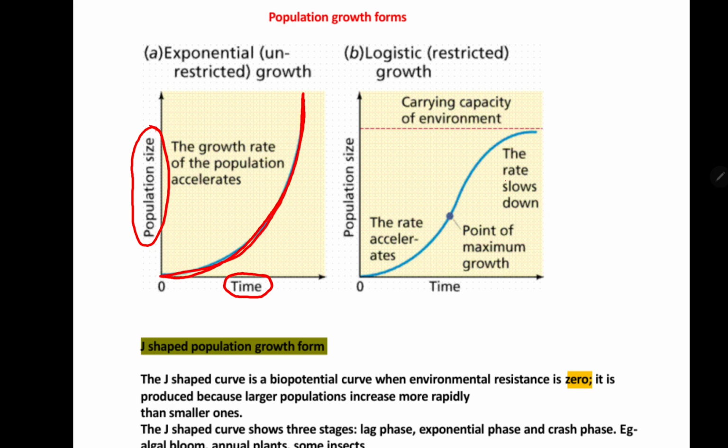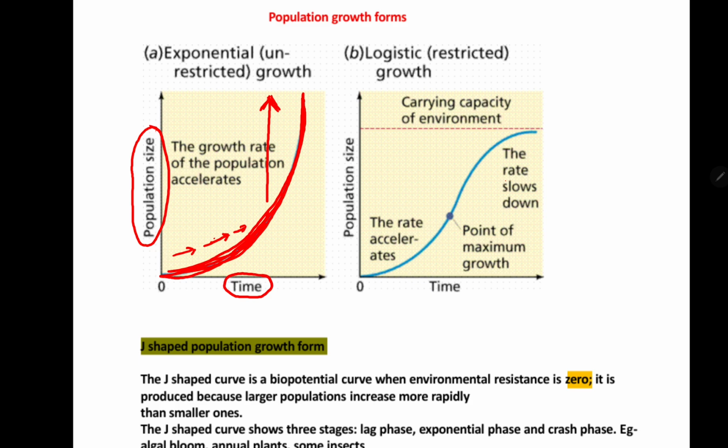The population growth will be slow at the start, and then suddenly, because of a lot of resources, it will boom, the population will start to grow very, very fast. So that's why we get a J shaped curve.